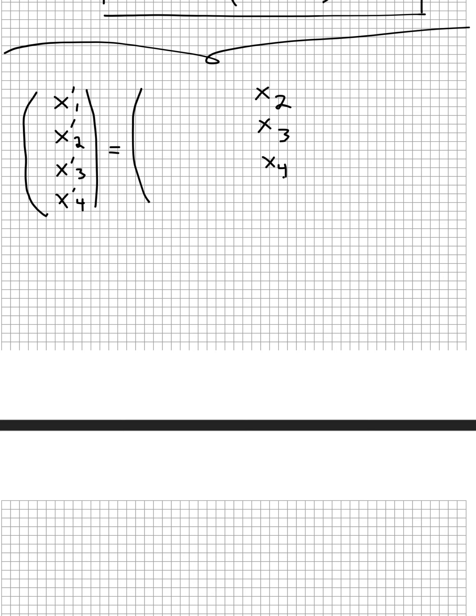X4, and then finally, minus 8 x1 plus sine of t x2, okay, minus 3 x3, okay, plus t squared. All right, that's pretty straightforward.